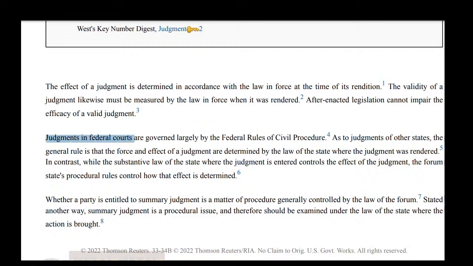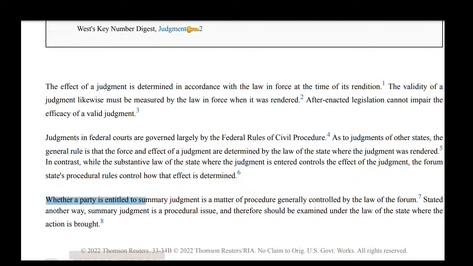Judgments in federal courts are governed largely by the Federal Rules of Civil Procedure. As to judgments of other states, the general rule is that the force and effect of a judgment are determined by the law of the state where the judgment was rendered. In contrast, while the substantive law of the state where the judgment is entered controls the effect of the judgment, the forum state's procedural rules control how that effect is determined.